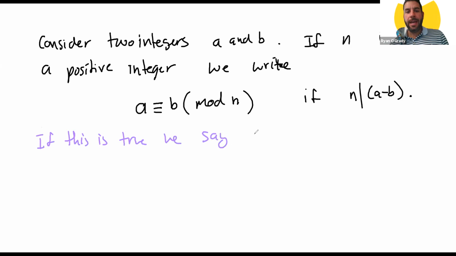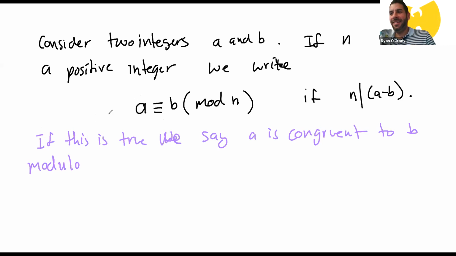We say A is congruent to B modulo N. That's all of us, the community of people who study this.